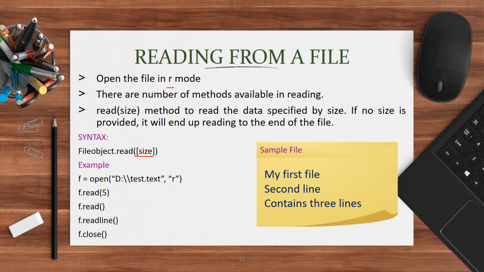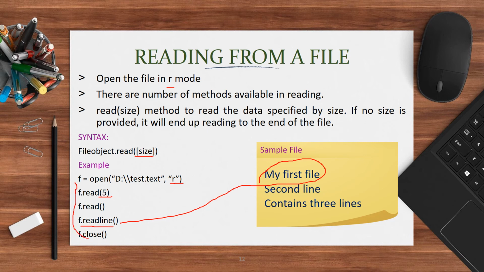Here I am going to open a file first in the reading mode, and f.read(5) is going to read 5 characters, and f.read() is going to read all the characters present in the file, and f.readline() means it's going to read only the first line, and I'm going to close the file. These are the different ways that we can read from a file.